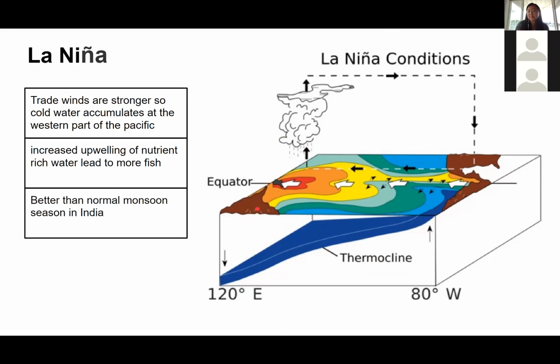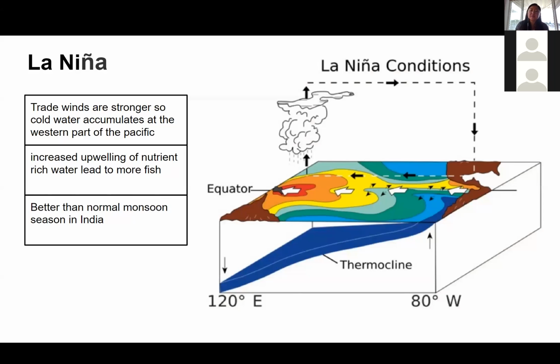Do trade winds just spontaneously get stronger? Is that just a thing? I don't know. Honestly, I have no idea. I didn't look into that. I think it has something to do with the way that the earth travels around the sun and how it is different every few years.